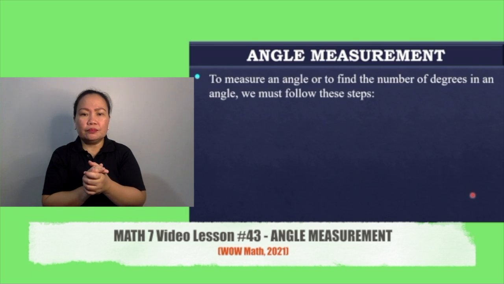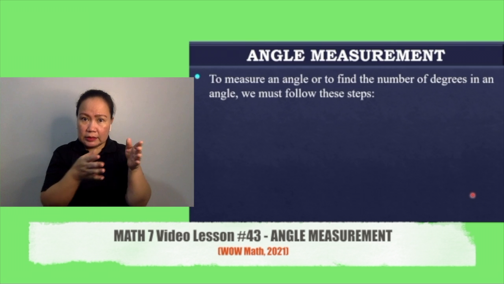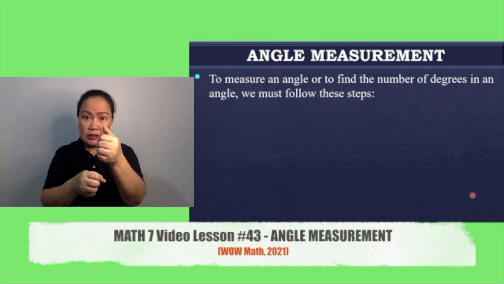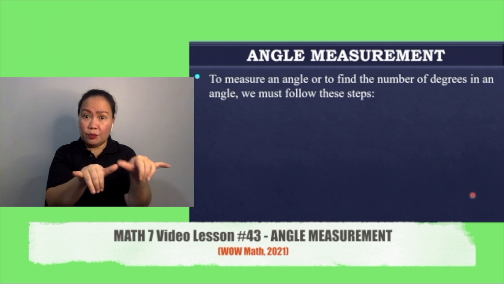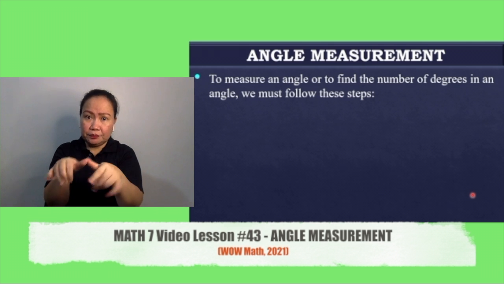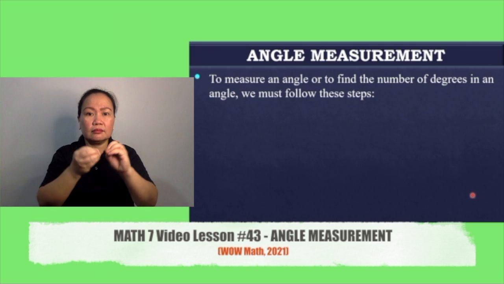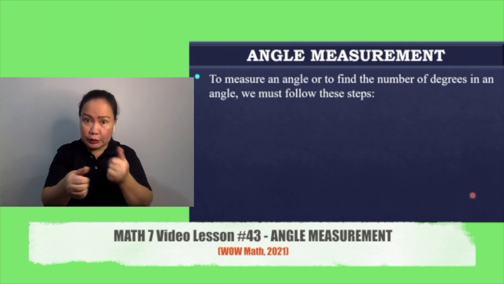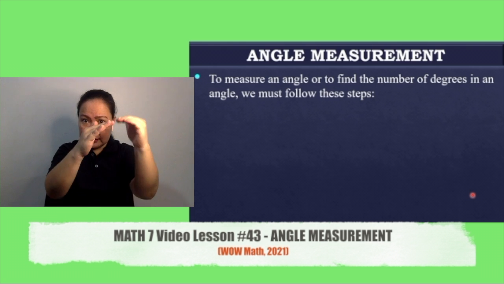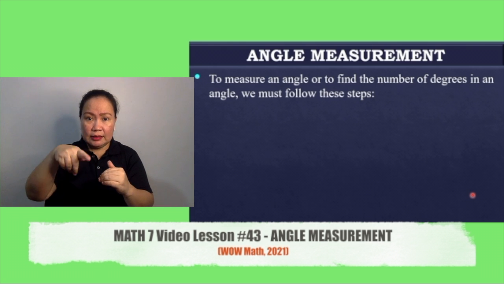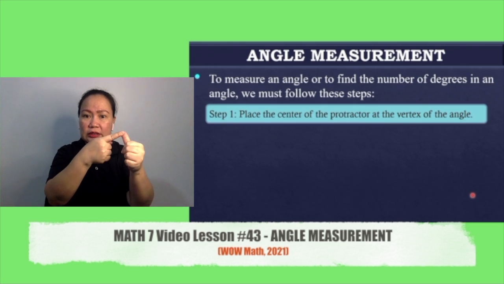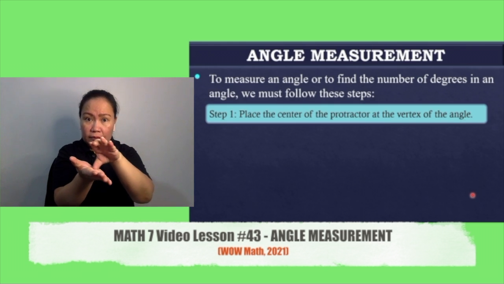Okay. So, we have steps in measuring an angle. Ito po yung dapat nating tandaan para alam natin kung paano mag-measure ng angle. To measure an angle or to find the number of degrees in an angle, we must follow these steps. Step 1, place the center of the protractor at the vertex of the angle.